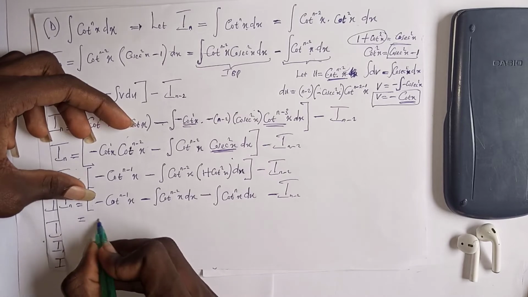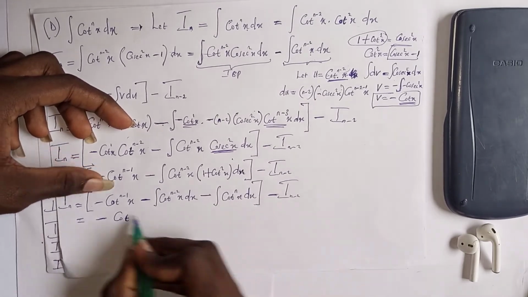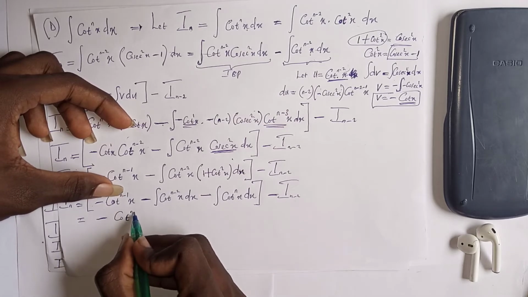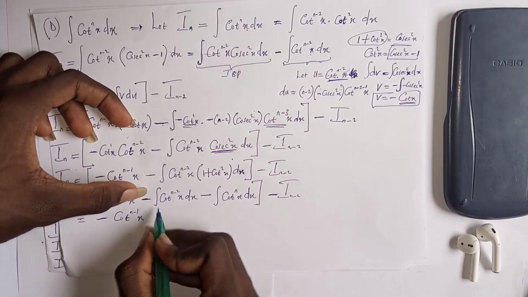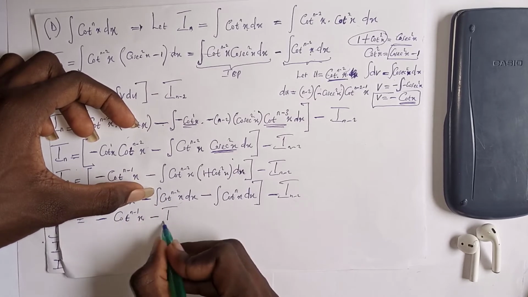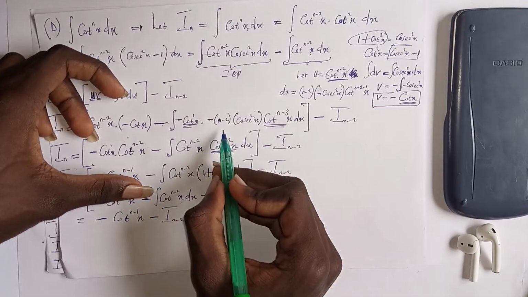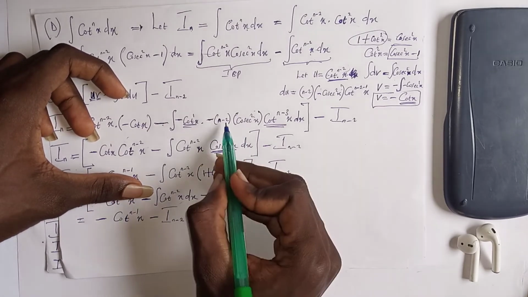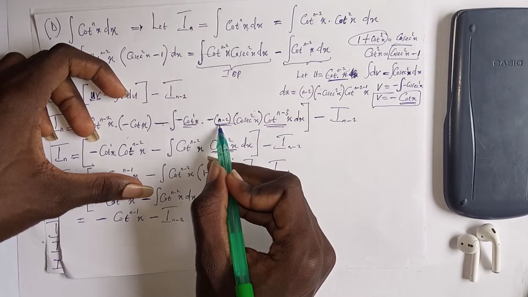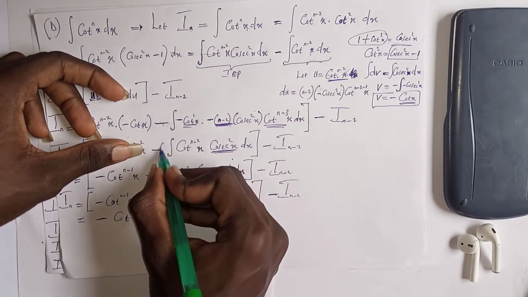This is equal to minus cot n minus 1 of x minus this, clearly seen, this thing implies in minus 2. Yes. But remember we have, oh wow, that's nice. We have this n minus 2, so it is not stated. It should be outside here.